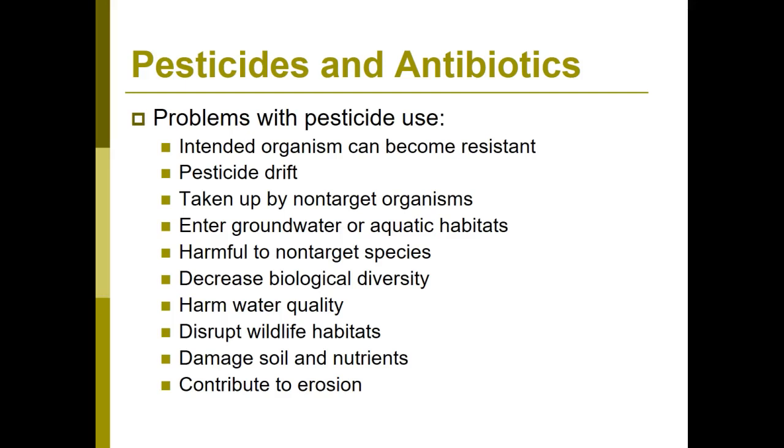They can enter the groundwater or aquatic habitats. They can be harmful to non-target species. So, for instance, if deer in the area are eating plants that have been treated with pesticides, just as an example. They can decrease biological diversity of plants, harm water quality, disrupt wildlife habitats, damage soil and nutrients, and contribute to erosion.